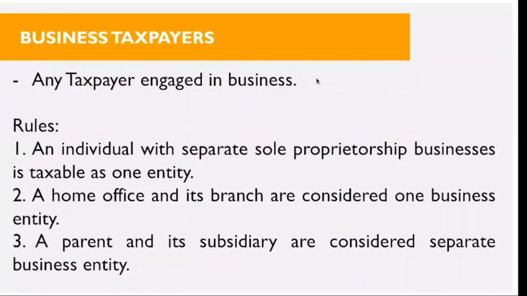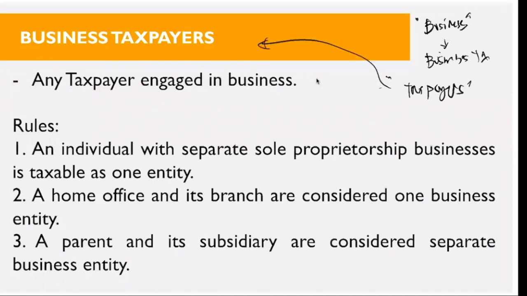We go now to your business taxpayers. So we already know when to consider an individual or an entity as doing business and how do we tax them. We go now to your different taxpayers. So when do we consider a particular individual or entity as a taxpayer?